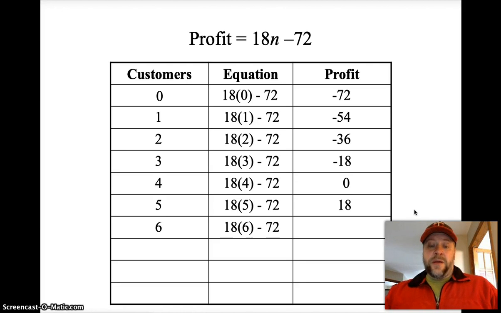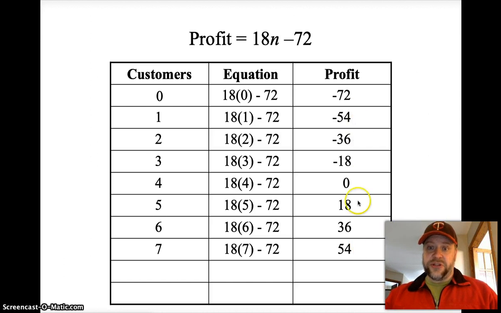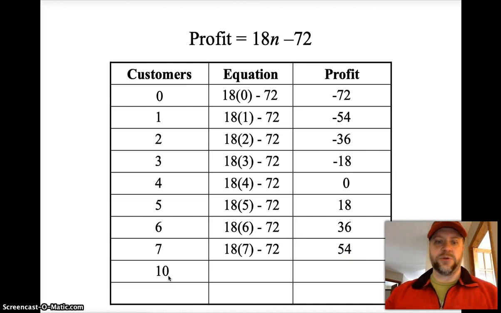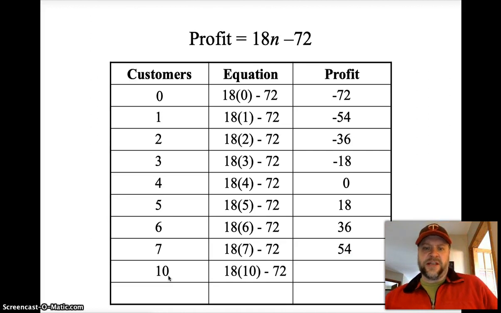Okay, we can keep going and find out how many is 6. It's going to be a pattern. Remember, it's going to go up by 18 each time. And so that pattern is really easy to predict. These numbers are really easy to predict. You'll notice that they're just a mirror of each other. But we can also make big jumps. So in this case, I could go to 10 customers. What is she going to make if she does 10 customers?